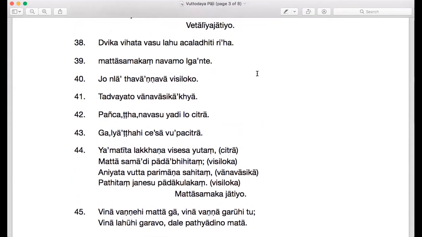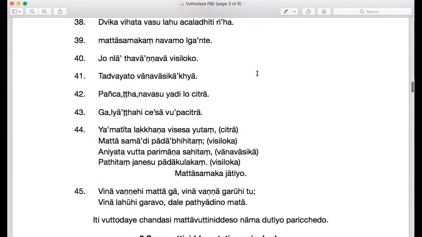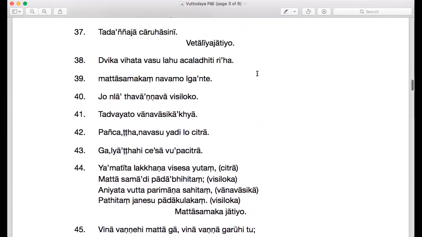The names of the verses in the Matta Samaka Jati are: the first one is Achaladhiti, the second is Matta Samaka, the third is Visiloka, the fourth is Vanavasika, the fifth is Chitra, the sixth is Upachitra, and the seventh is Padakulaka.